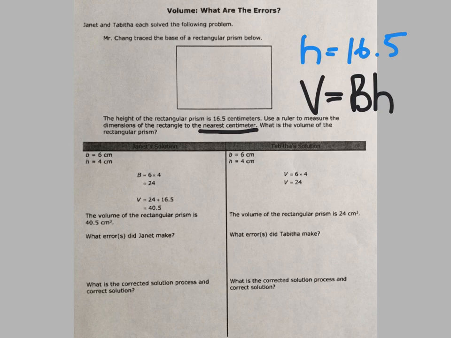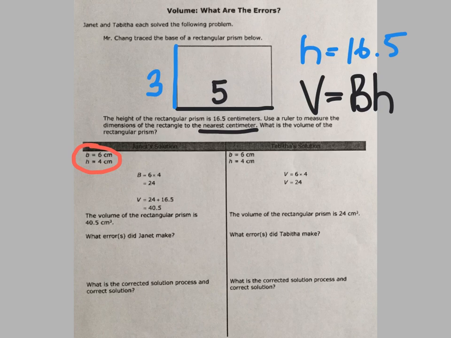So, when I measure the length of the base of this rectangular prism, I get a measure of the nearest centimeter being 5. And when I measure the width, I get a measure of the nearest centimeter of 3. Now let's go ahead and check Janet's work. First, I noticed that Janet's measurements, she's using little b and h for length and width, she's using base and height.